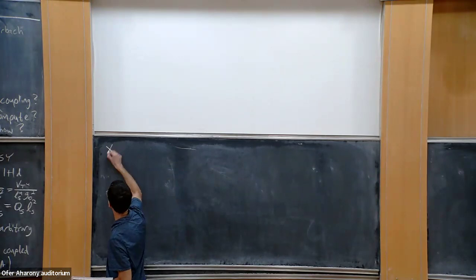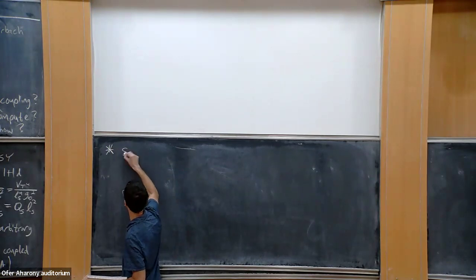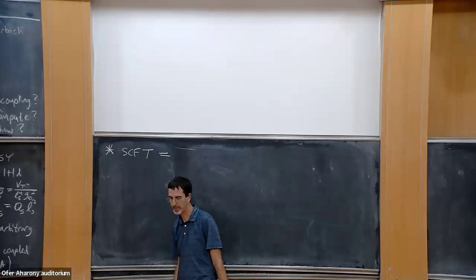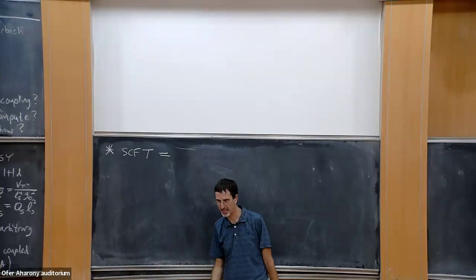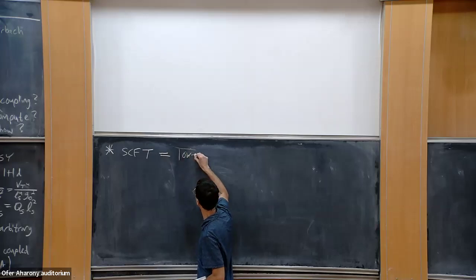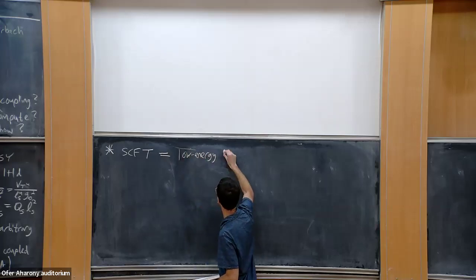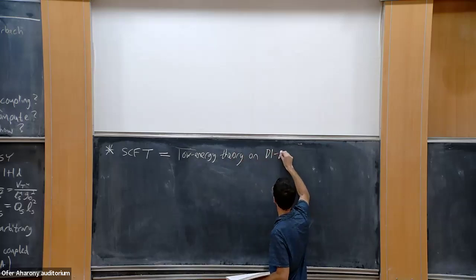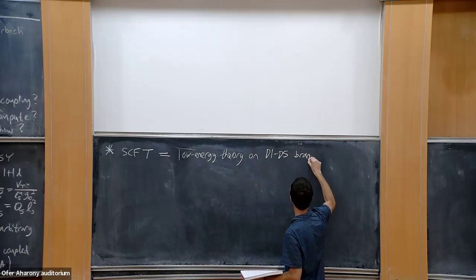Okay, if not, then let me now describe what we know about the superconformal field theory that's dual to this AdS3 background. As usual, when we have a near-horizon limit, the conformal field theory is given by the low energy limit on these branes, and I'll use the D1-D5 system here for simplicity.